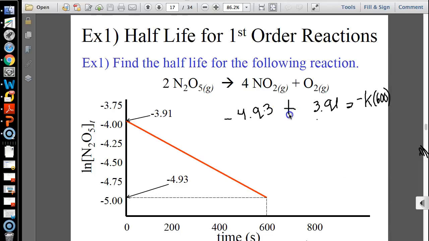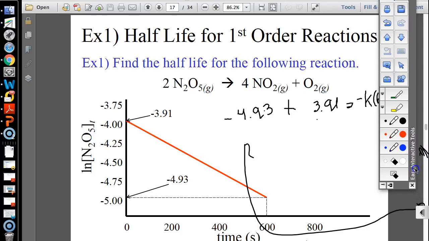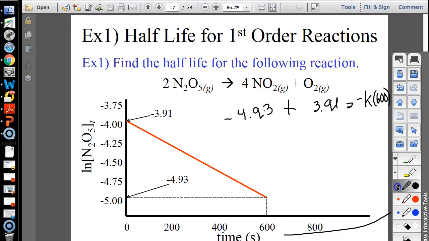Plus. Here, I'll do it with my mouse. That looks good. So when you add negative 4.93 and 3.91, you get negative 1.02. Okay, it's working.